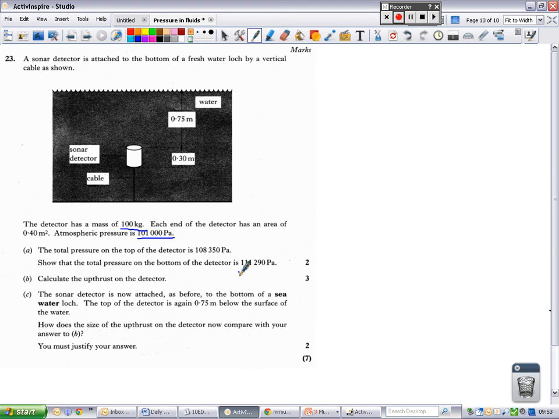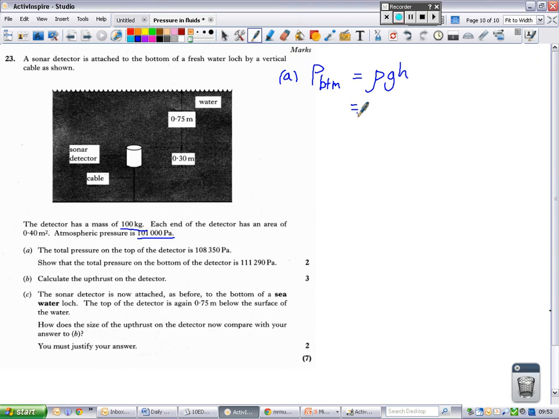Okay, so what you need to do is calculate out what the pressure on the bottom surface due to it being immersed in the fluid is. So that will be rho g h, just as we've talked about. You would go to the data sheet at this point and find out what the density of fresh water is.